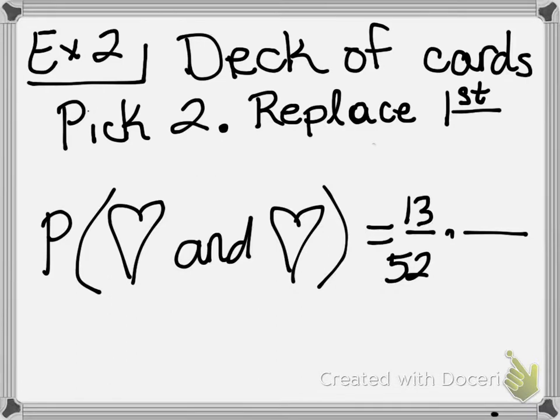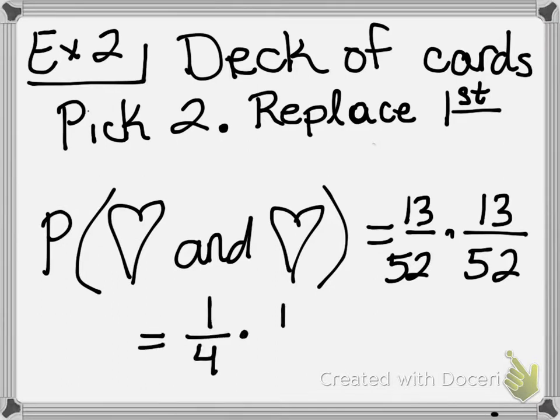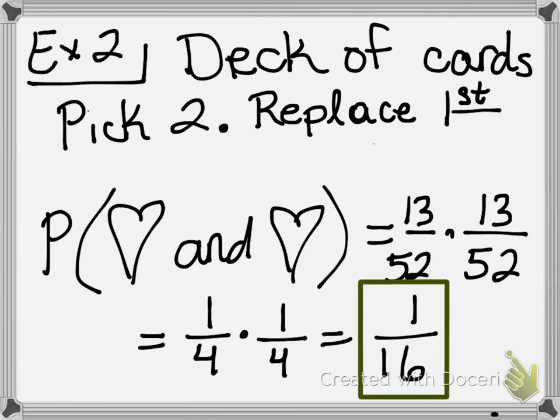We put it back, and we need to draw our second card, and that'll still be the exact same probability. Now I'm going to simplify these fractions. It's actually 1/4. Multiply them, and that gives us 1/16. So that's actually a pretty good probability that we're going to draw a heart, replace it, and then draw another heart.